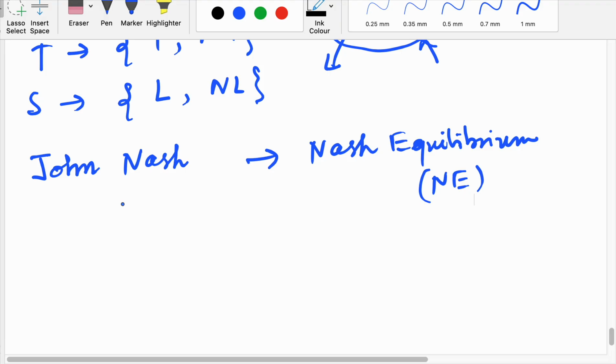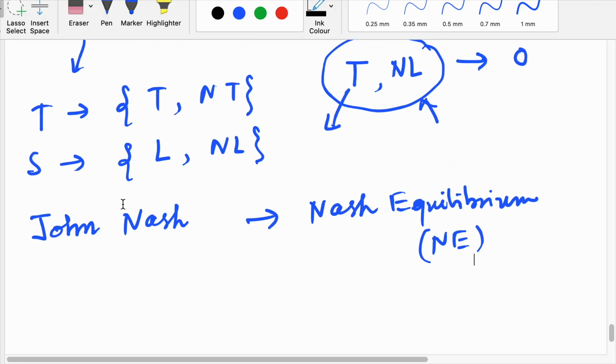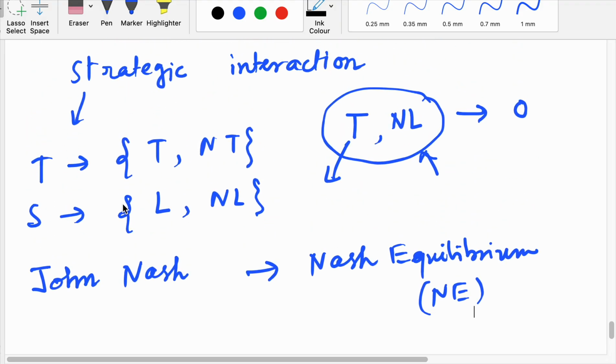I have a query here: is it necessary that if multiple people are interacting with one another, things will always reach an equilibrium wherein no one benefits more if he deviates?